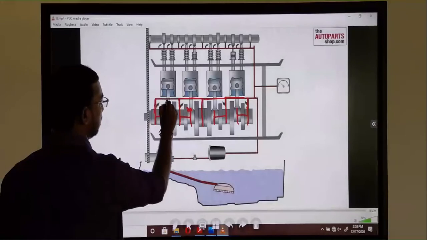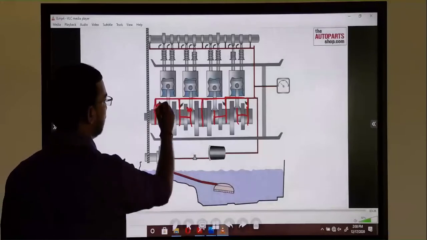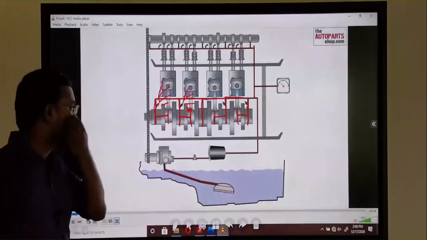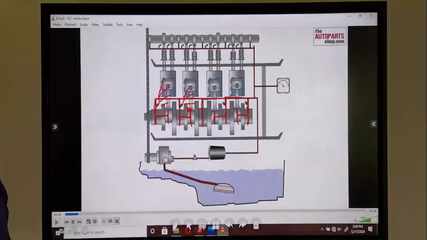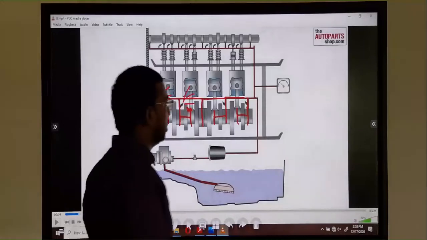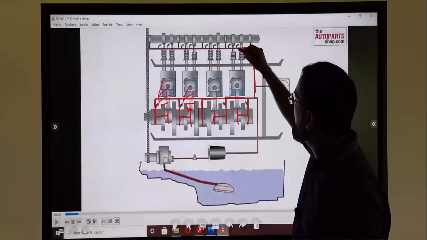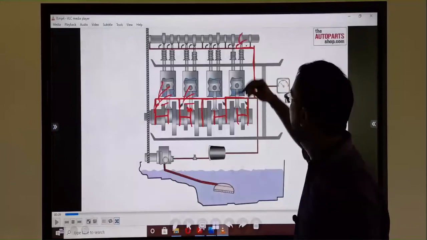There is a sprout which sprays the oil. Another line goes like this, and here also a sprout sprays.